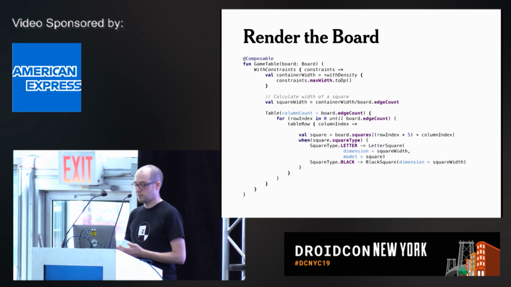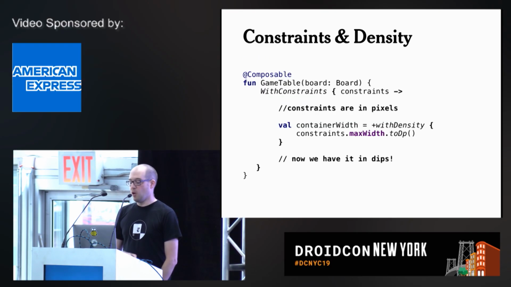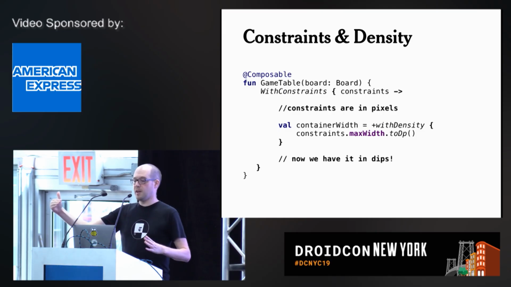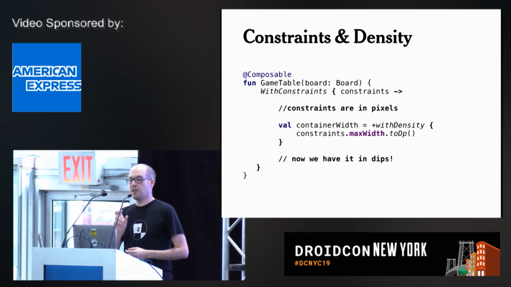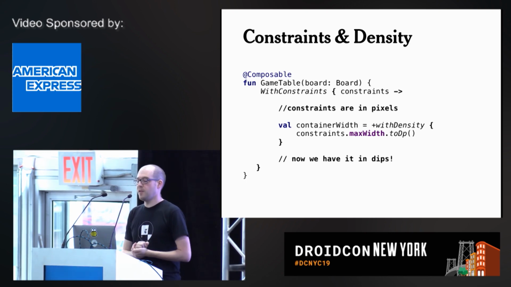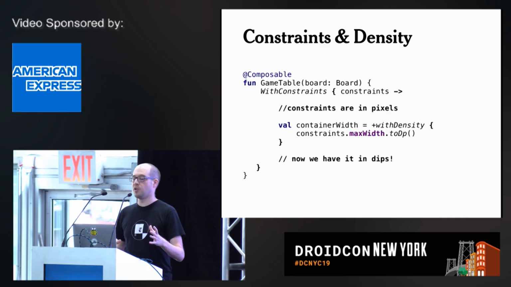So we'll do a table. And I'm going to walk through each and every bit of this here, so don't worry about this giant slide. One thing I want to make sure of is that the table takes up the entire width of the screen, but I want the cells themselves to be sized so that each of them takes up 1/5 of the table. So there's a straightforward thing here with constraints that Compose provides you. I'm wrapping the entire table drawing in BoxWithConstraints.